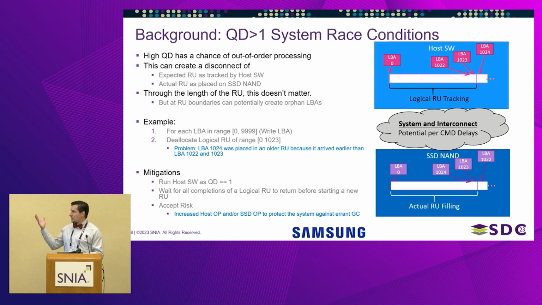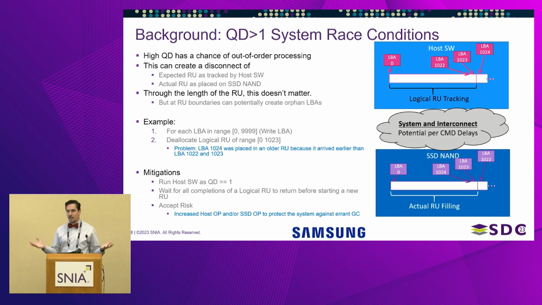But if we were to see a host that's running things very tightly, and the host says, well, logically I wrote 0 to 1023 and it's one group, I'm going to deallocate that group and have perfect write amplification. Well, maybe not, because inside the drive that 1024 LBA actually made it to the NAND.